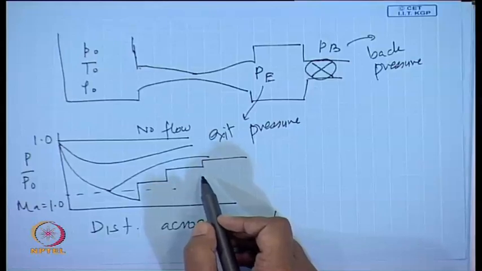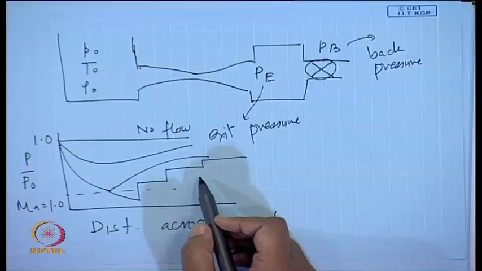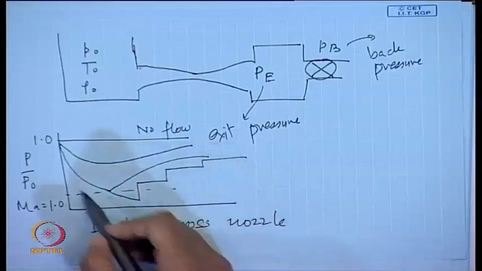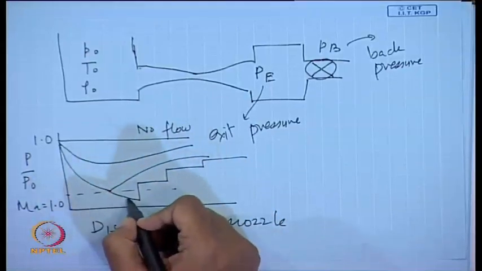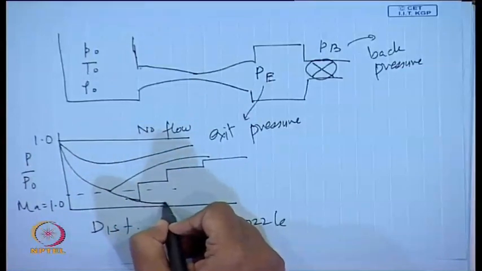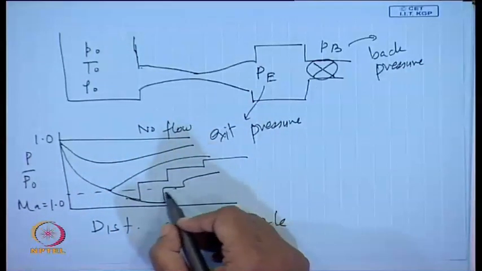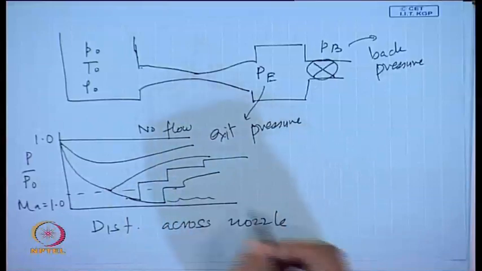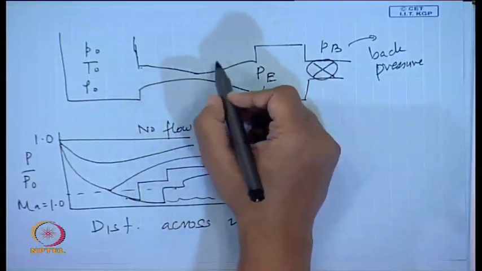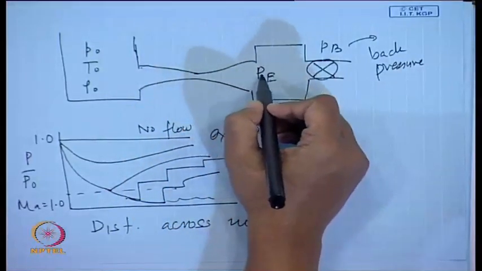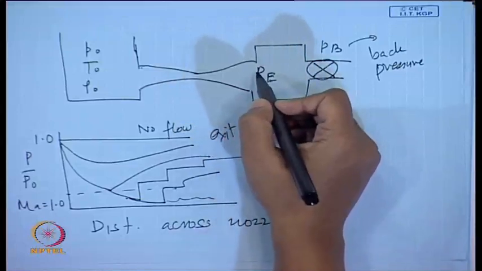In this case the position of the shock moves downstream as Pb is decreased. As we keep on reducing Pb, the upstream pressure does not change, but downstream lots of shock waves come; they are initially standing and then they gradually propagate downstream.